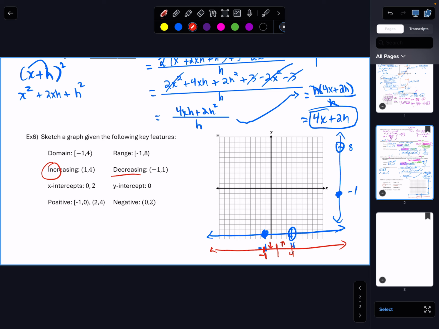So it starts and it goes down and then it goes up, and that's the only change that occurs. So it starts up, it goes down, and it goes back up. It has x-intercepts of 0 and 2. Those points you can't change them. We all have to have those.